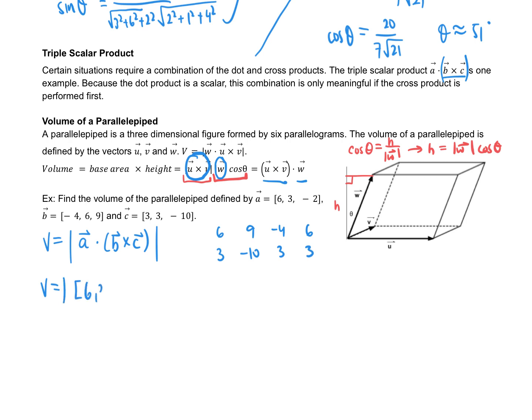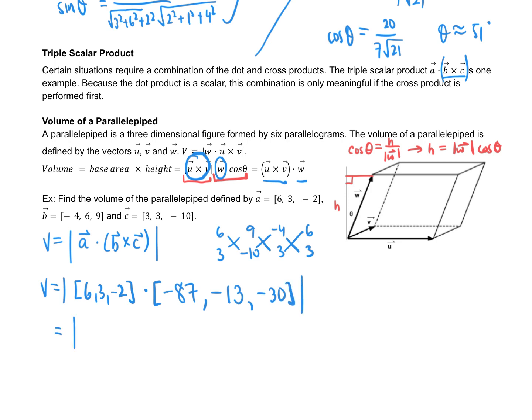So vector A dot, and now here's my cross product, negative 60 minus 27, so negative 87, 27 minus 40, it's negative 13, negative 12 minus 18, negative 30.